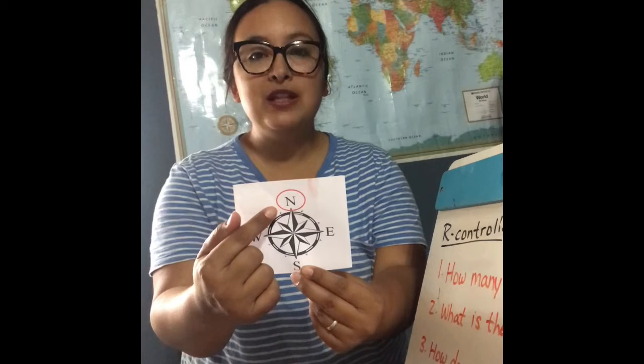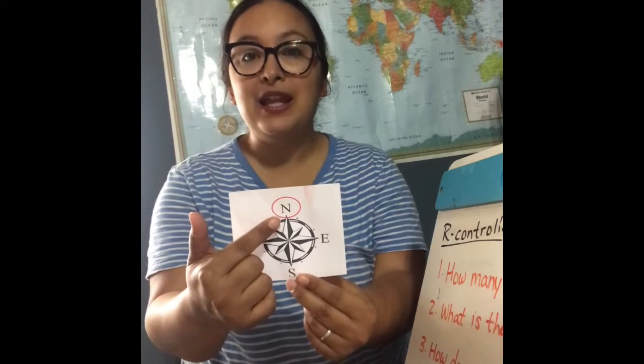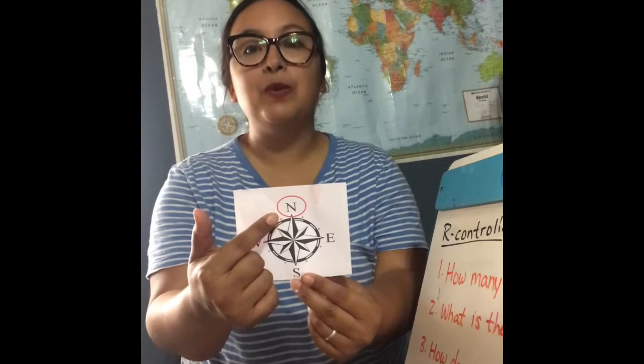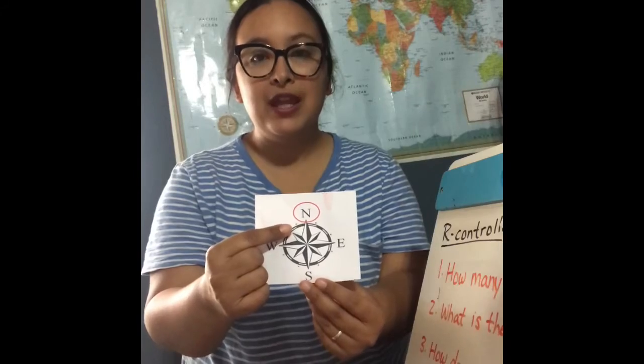So in this picture, you have a compass, but we're looking specifically at this little N here, and who can tell me what that N means? Right, north. So you're going to tell your partner, north, and then you're going to stretch out that word.